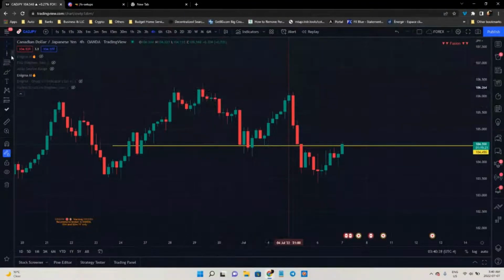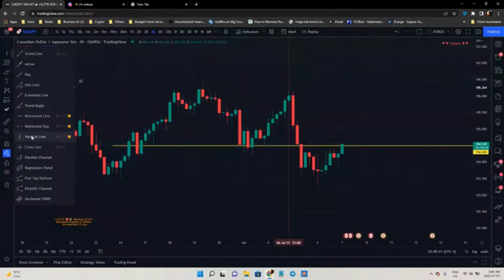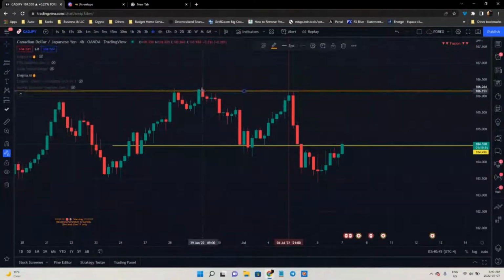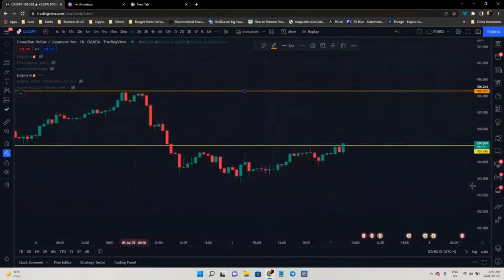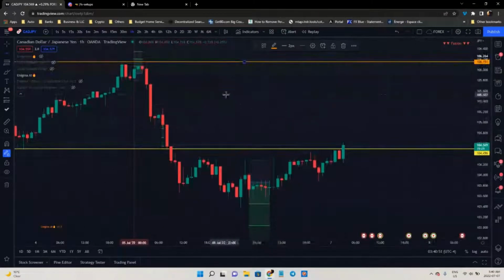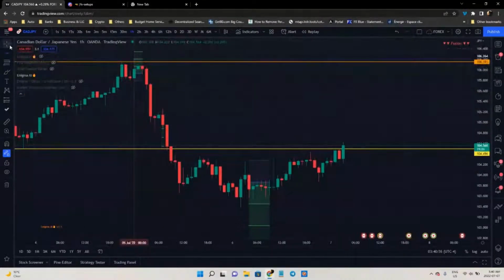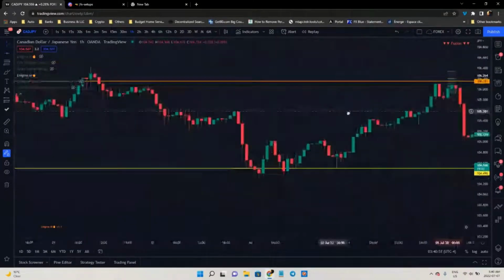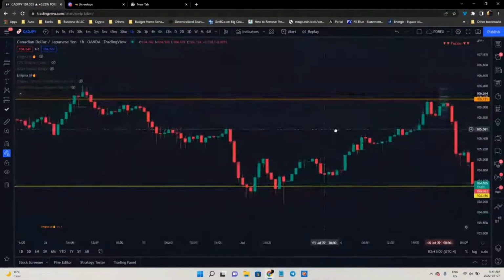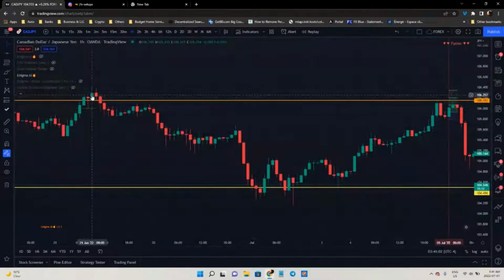And if we put a horizontal line here, and we go back to the 1 hour, that was the last push right here.